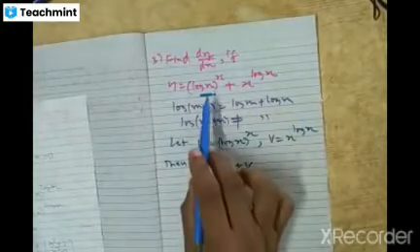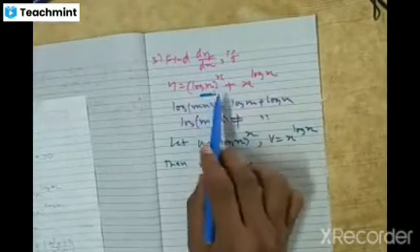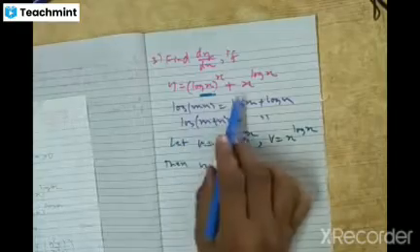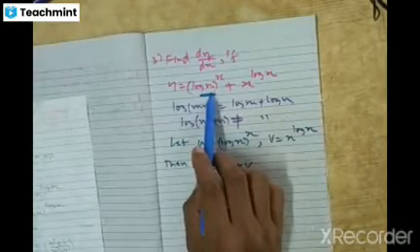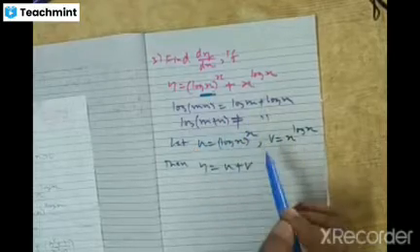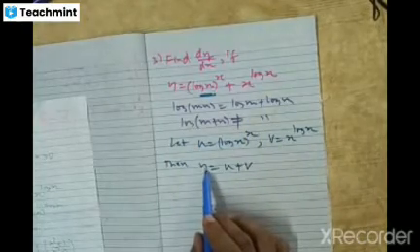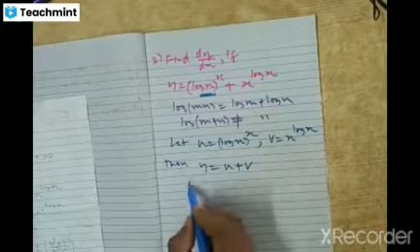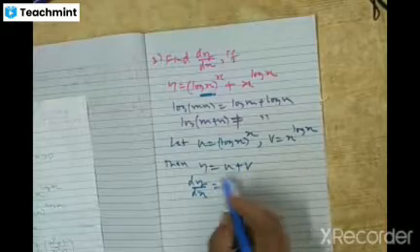See, whenever the given function is sum or difference of two functions, don't take log on both sides directly. Take the first function in RHS as u, second function as v. Then the given function y becomes y is equal to u plus v. So then what is dy by dx? Differentiate both sides with respect to x.